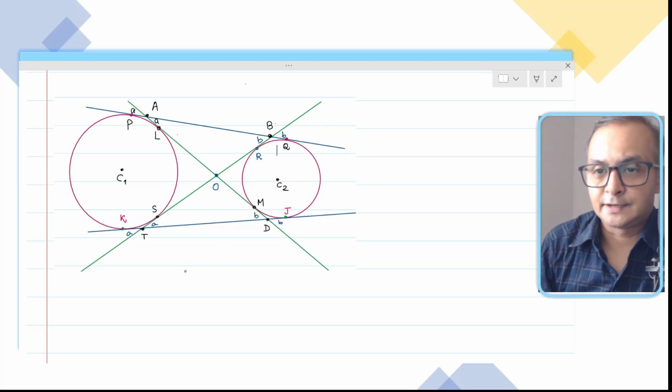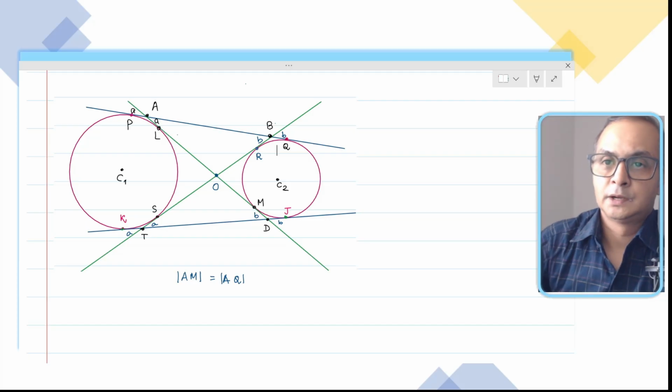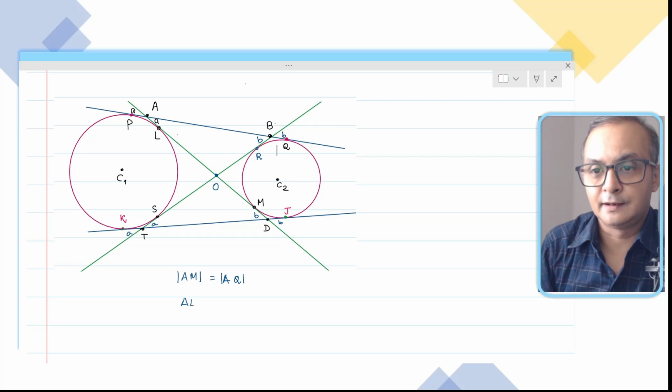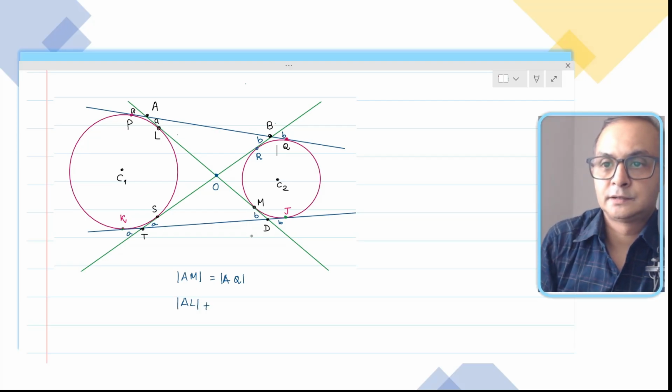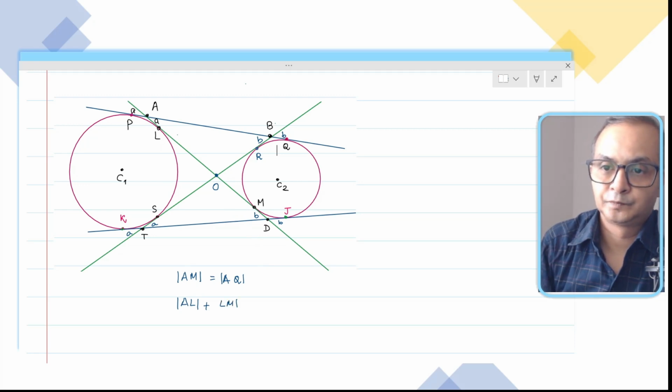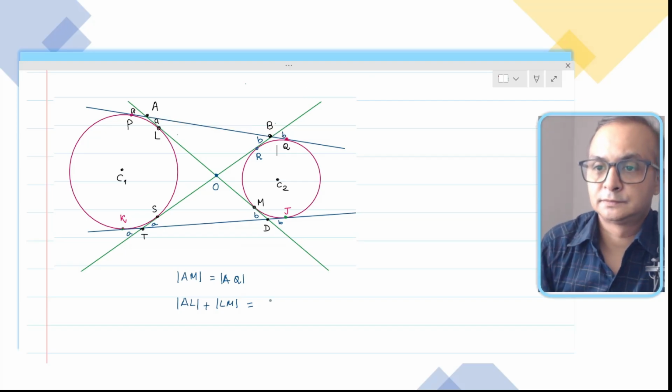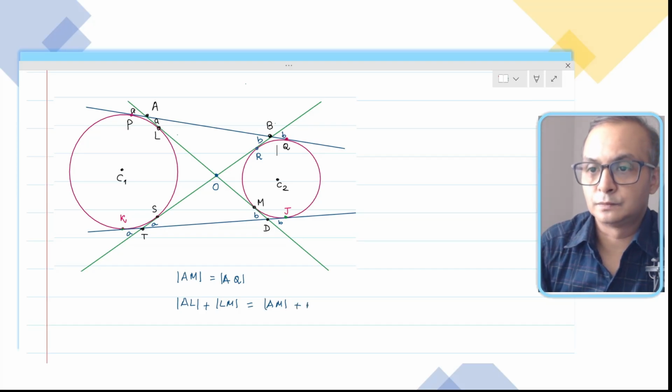So I can write that AM is equal to AQ. But AM I can write as AL plus LM, and AQ I can write as AB plus BQ.